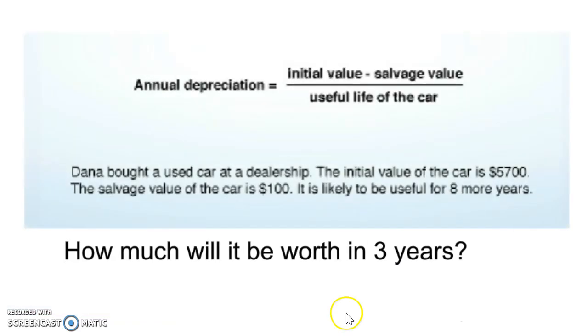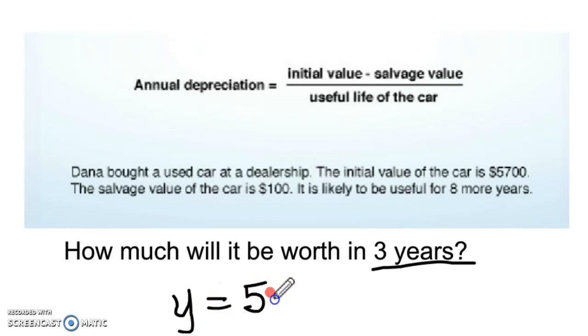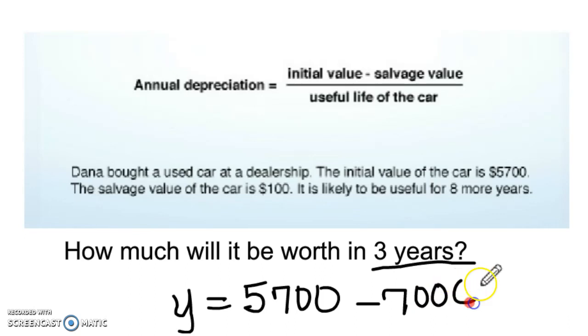All right. We can use this information to help us figure out how much it'll be worth in the future. So Dana's car, remember, loses $700 each year. So how much will it be worth in 3 years? Well, we put this into our equation. $5,700 minus 700 times 3.